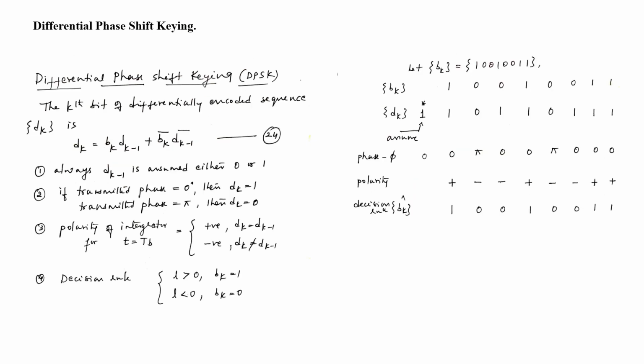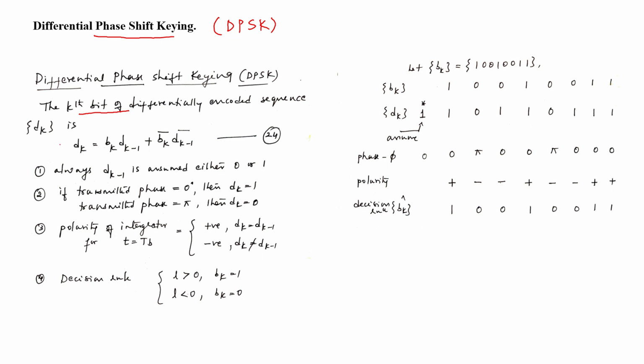The next very important concept is DPSK, differential phase shift keying. This is another technique to transmit digital information. In DPSK, we follow this algorithm. Whatever bit we transmit is encoded.